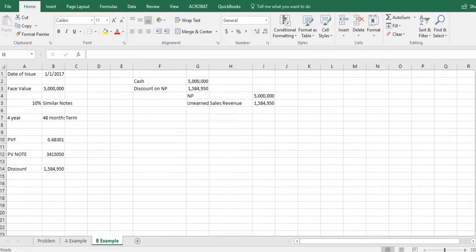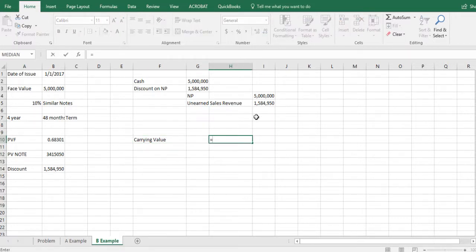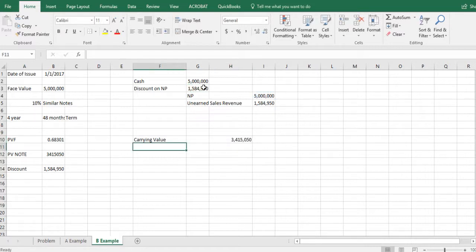So to start off, we need to start with our carrying value of our note. Carrying value of your note is notes payable less discount on notes payable. So notes payable less discount on notes payable, or the present value of the note on January 1st, 2017.